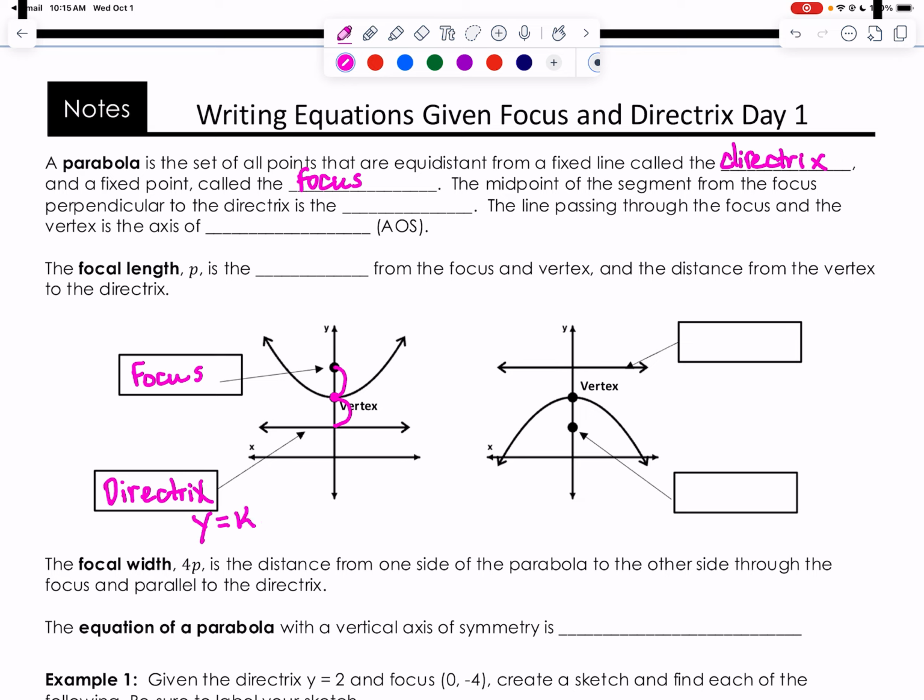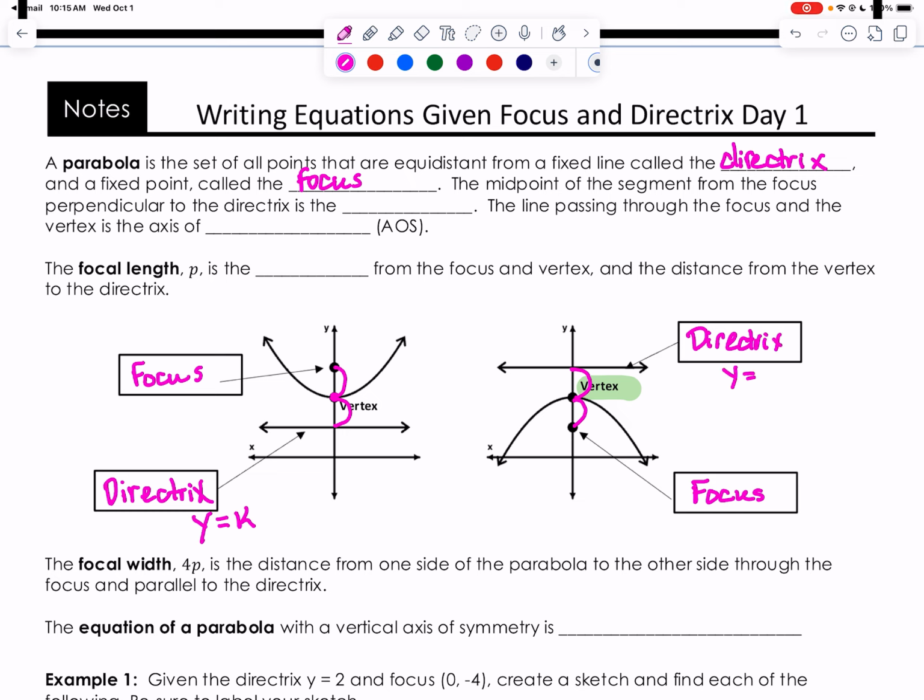Okay. Now on our parabola that opens down, here is our vertex. So this point right here would be our focus point. And whatever this distance is, our directrix will be the same distance in the opposite direction.